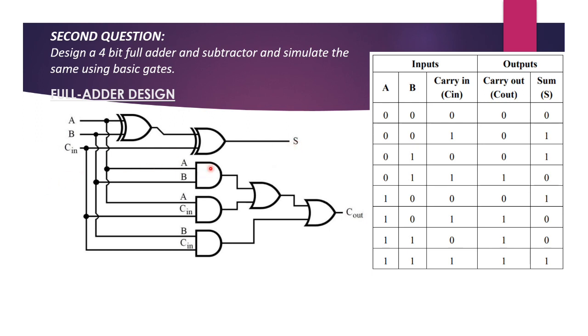Now from here A and B values are 1 and 0 and this is an AND gate. We will get the value as 0, and here, since A is 1 and C is 1, we will get the output as 1, but here we will get the output as 0. Since this is an OR gate, we will get the output as 1. So the carry out will be equal to 1.